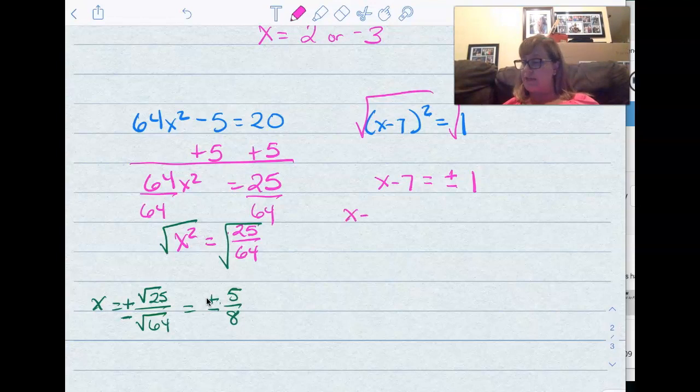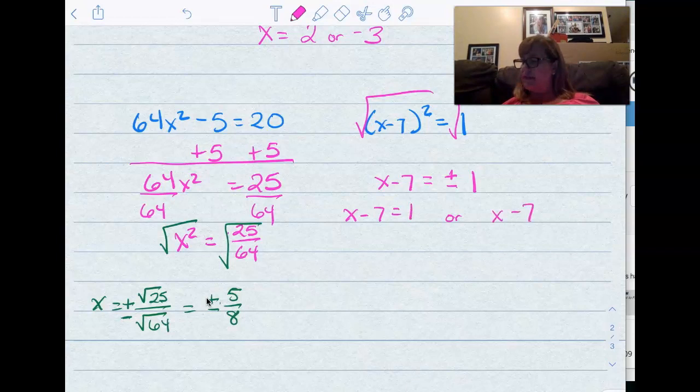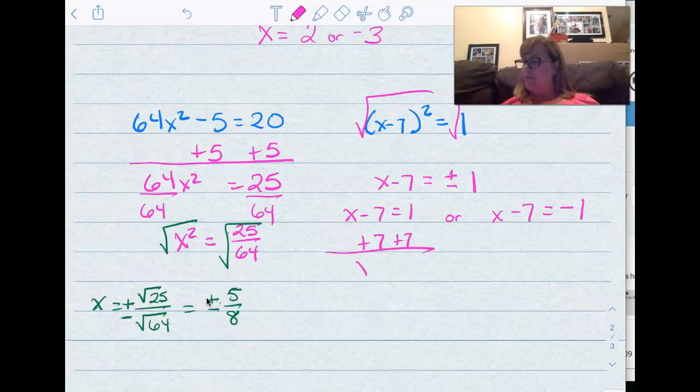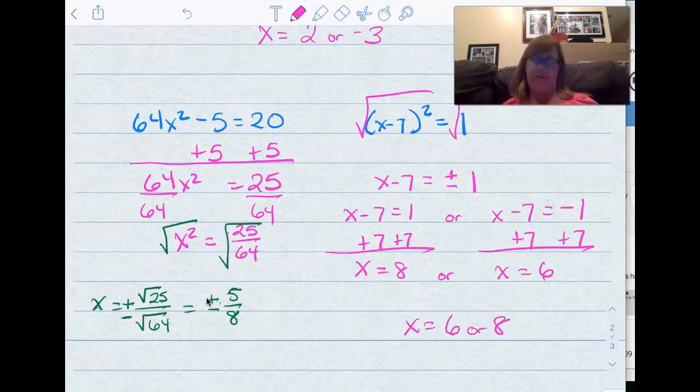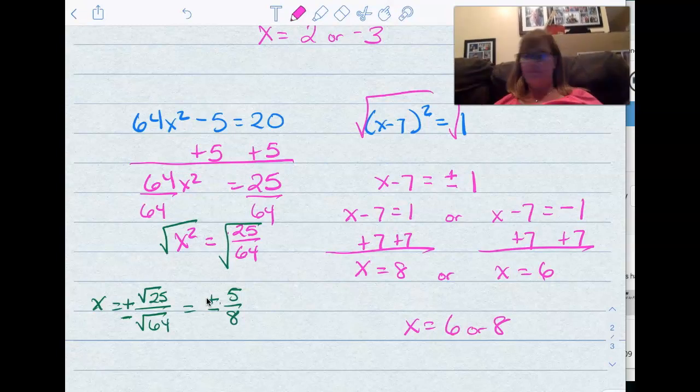So we get x minus 7 equals a positive 1, or x minus 7 equals a negative 1. Add 7 to both sides. We get x equals 8, or if we add 7 to both sides, x equals 6. So your answer would be x equals 6 or 8. Or you could put 8 or 6. It wouldn't have mattered to me.